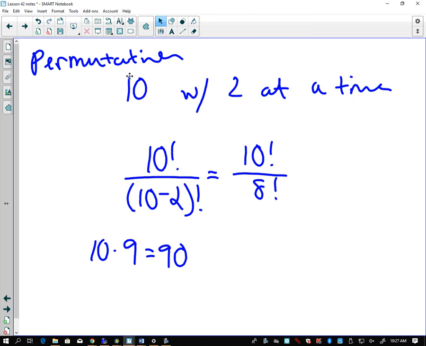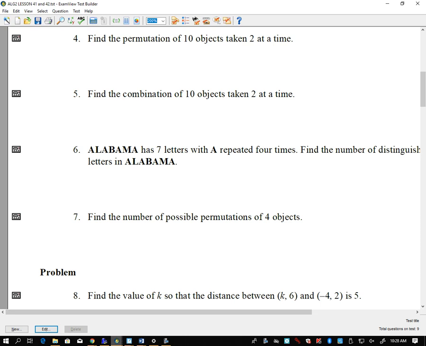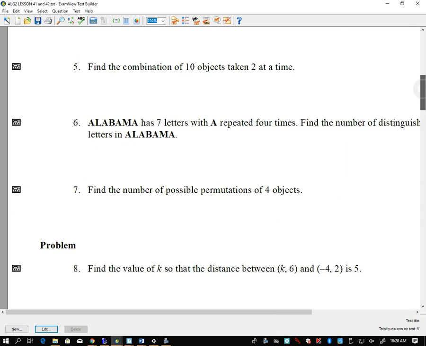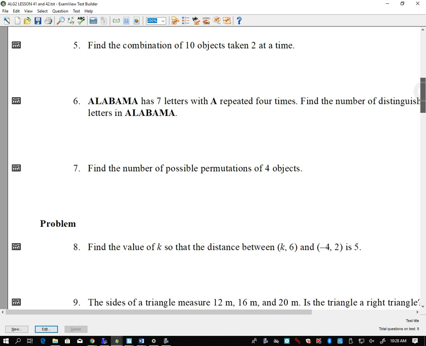Hopefully. Okay, let's come back over and see if that was our answer. Was it number 4? Yeah. 90 was our answer. Now number 5, combinations, right?